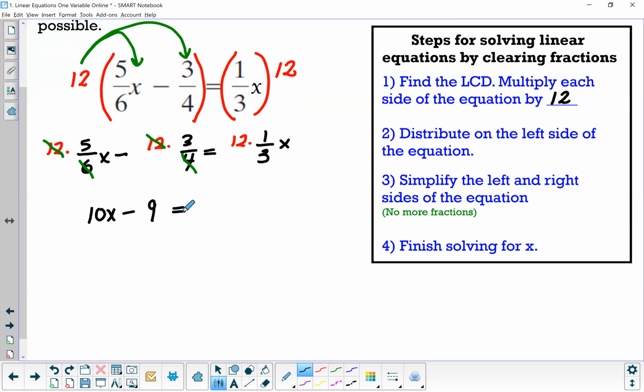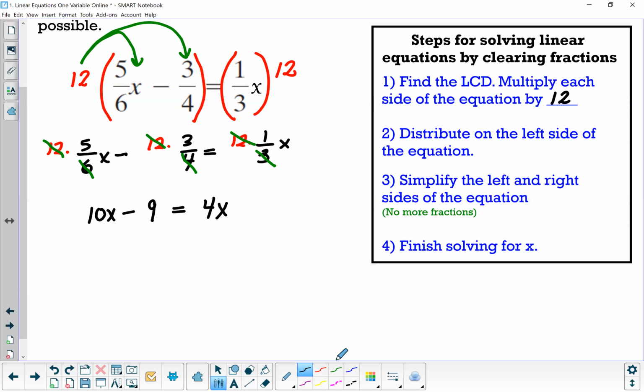Equal to 12 times the 1/3. Do the division first. 12 divided by the 3 gives me 4, and 4 times the 1x gives us 4x. Notice how we have the same equation as we had before, but we didn't actually find a common denominator. We just jumped straight to clearing fractions.